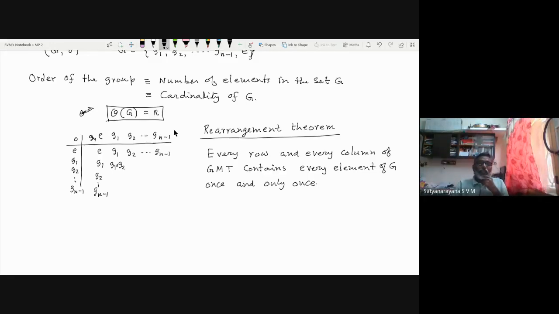So maybe your G is E, G1, G2, up to Gn minus 1, but in the second row we may have G1, G2, up to Gn minus 1 and E. That is a permutation of the first row. So all rows and all columns of this group multiplication table are related through some permutations. In fact, as a set, they are the same. Only the order in which they occur is different.